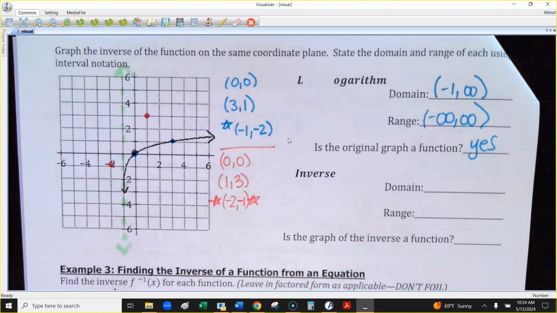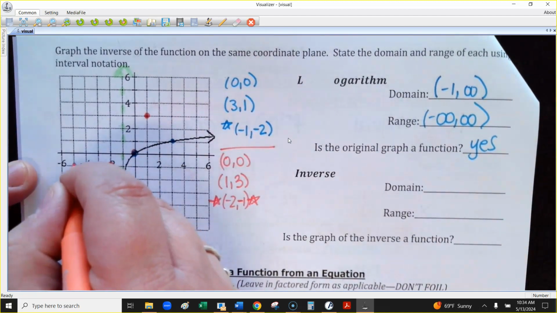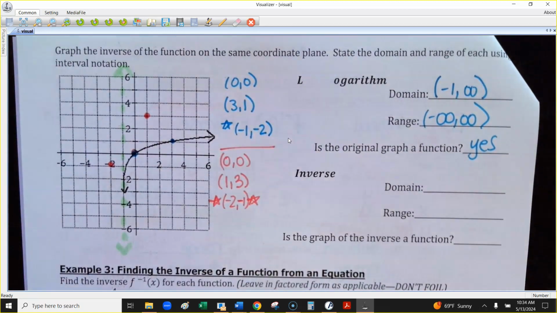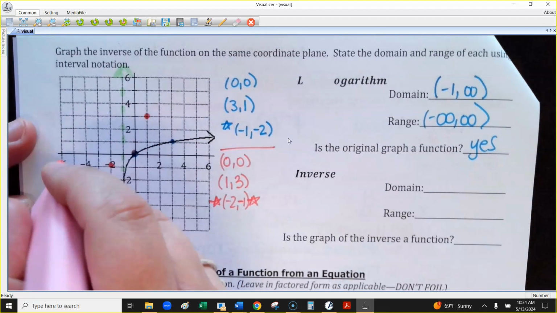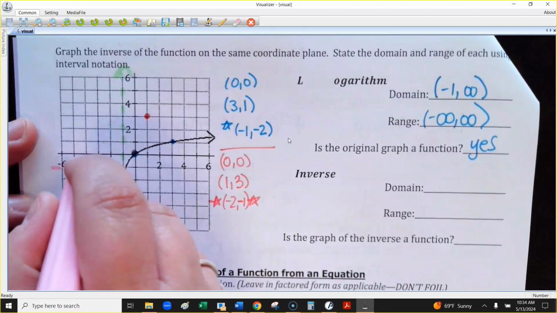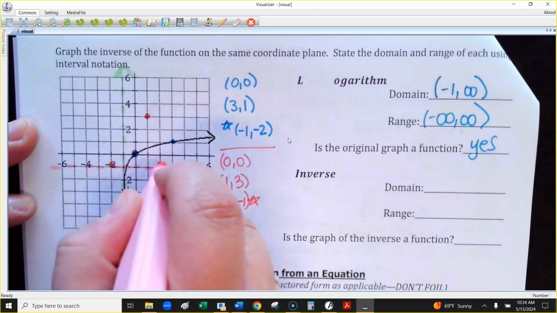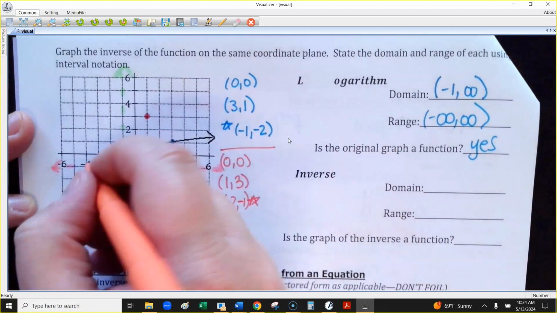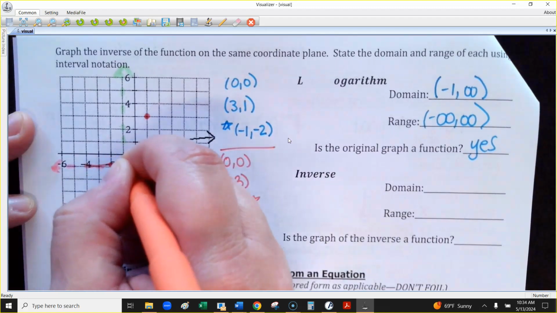All right, now this guy, if you draw it, I'm going to get really close. Let me grab a different color here. This is going to be my asymptote here at -1. So we're going to get really close to this, but never touch, never go over.